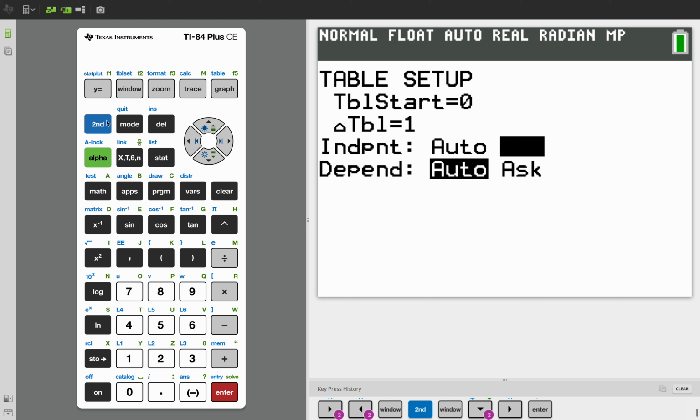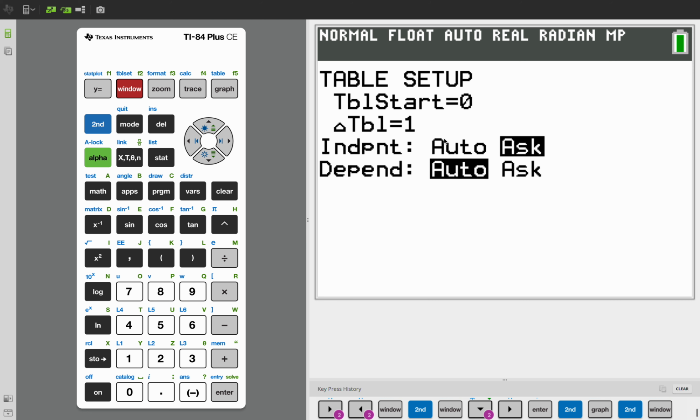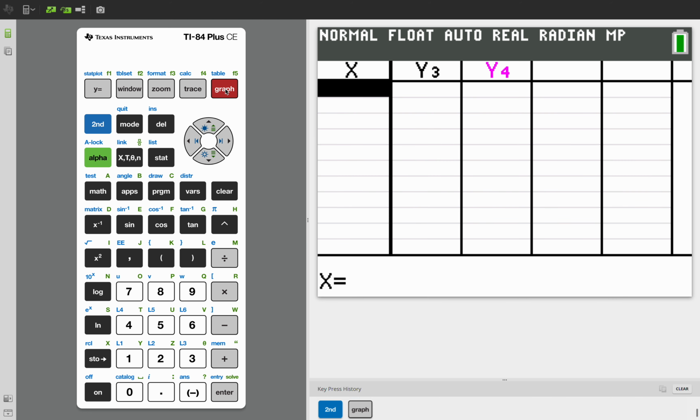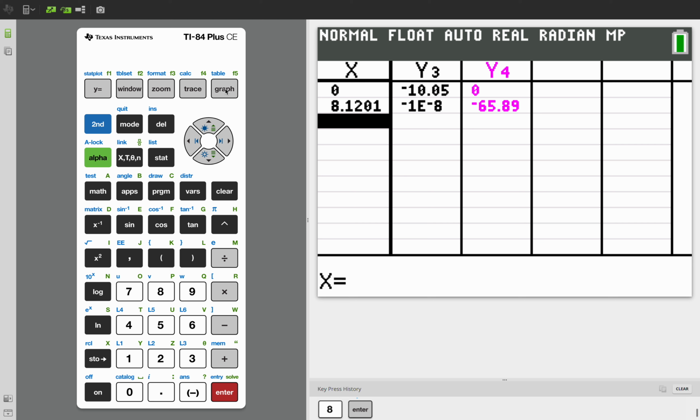Once you do that, I want you guys to go to second table, and notice how you don't see anything. Because what we just did here, whenever we clicked on ask, was essentially saying that it's going to spit out whatever x value that I want. So in this case, I want 0, I want 8.1200938, and I want 10.